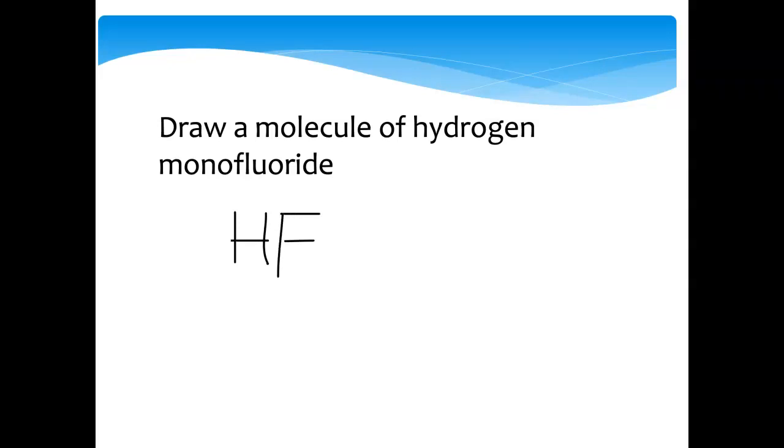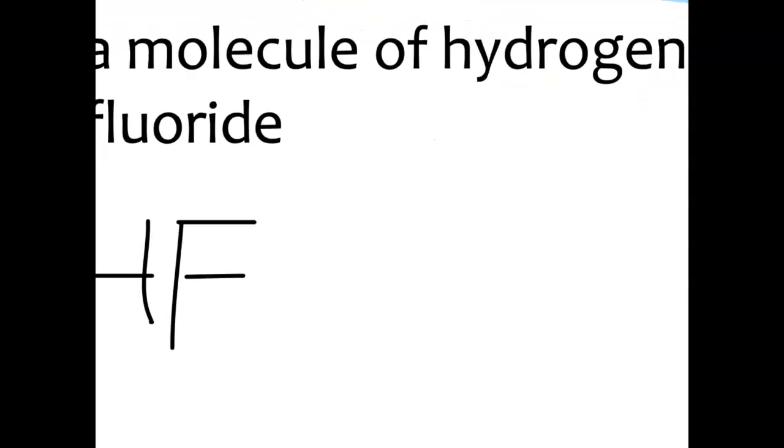Monofluoride, so that's going to be 1 hydrogen, 1 fluorine. I've got 1 valence electron with hydrogen and 7 with fluorine, so that's a total of 8 valence electrons.